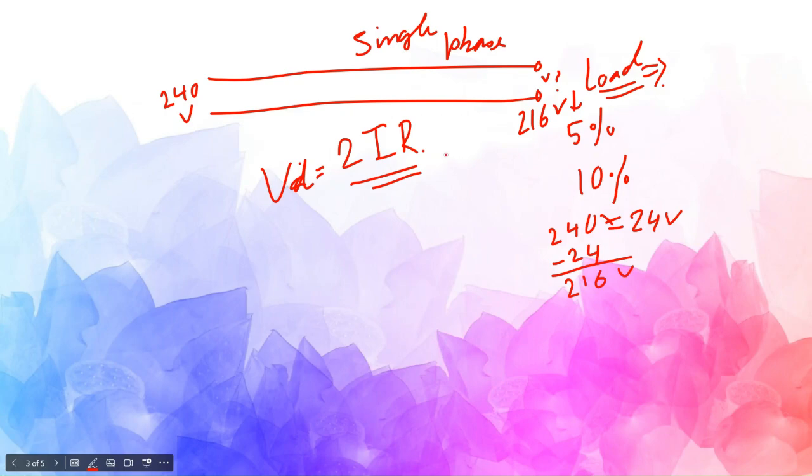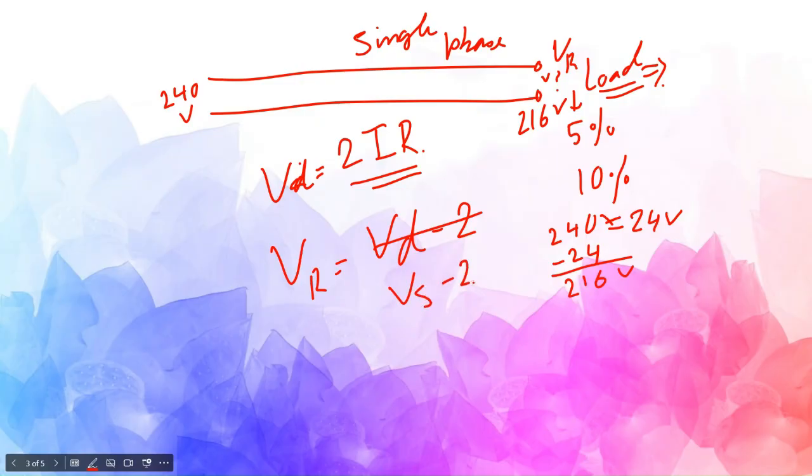So the receiving end voltage VR will become VR equal to, sorry, it is not VD, it is VS, the source voltage, minus 2 into I into R, right? This is called the source voltage, and this is the receiving end voltage. So that is the formula. And look at it, what is this I into R? This is nothing but Ohm's law. So that is where it is used.